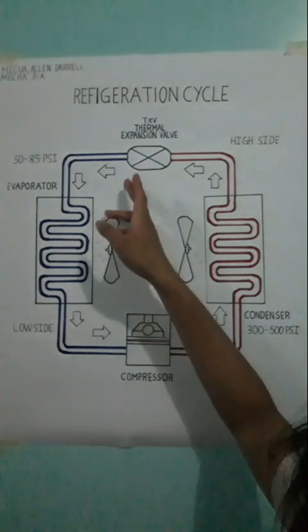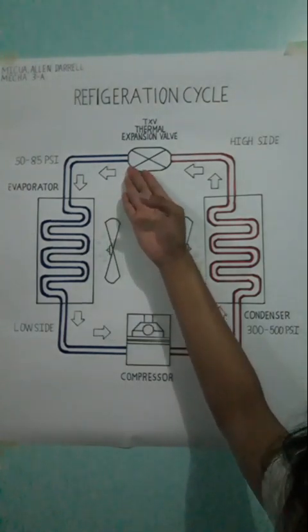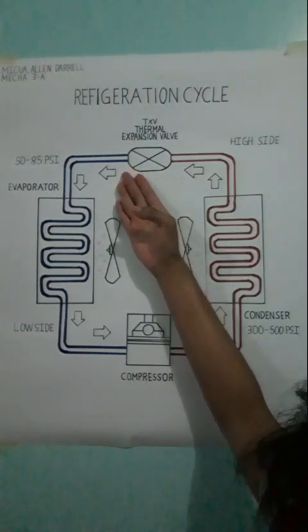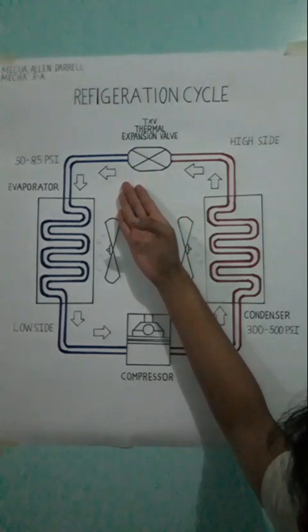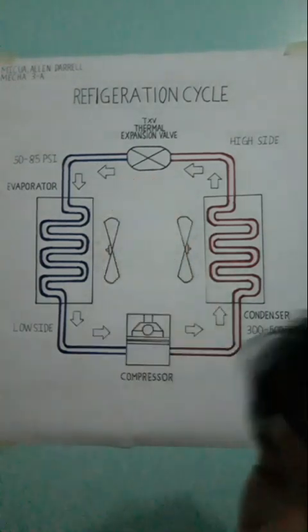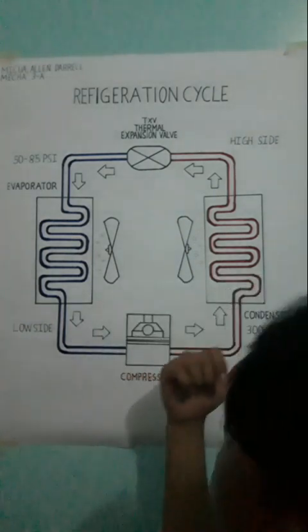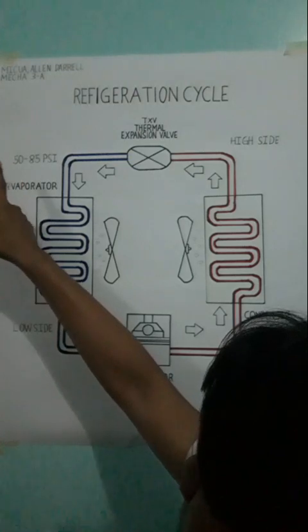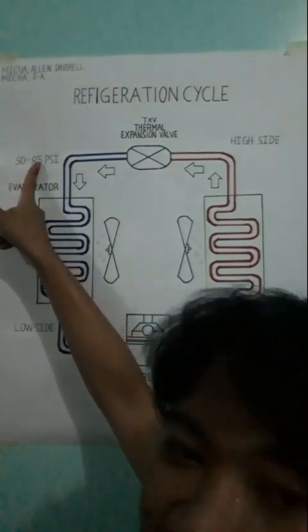This valve regulates the flow of refrigerant into the evaporator, where it undergoes a drastic pressure drop. Pressure drops from 300 to 500 psi down to 50 to 85 psi real quick.